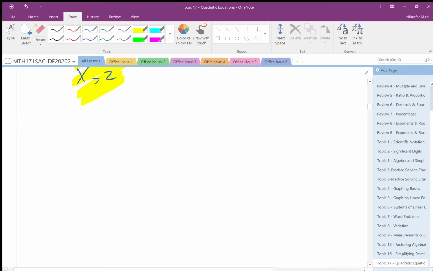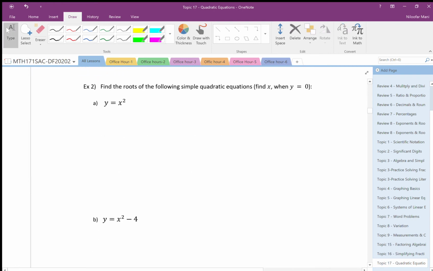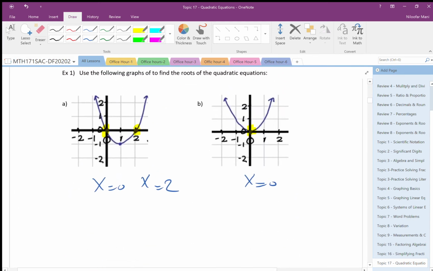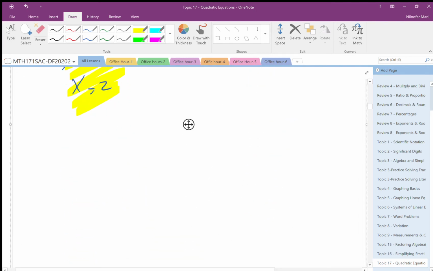So no roots here, no x-intercept. So this is by graph. I give you the graph, you look at the graph and you can find where the roots are. Maybe one root, the same as here. Here, left two roots, again left two roots, and right no root.